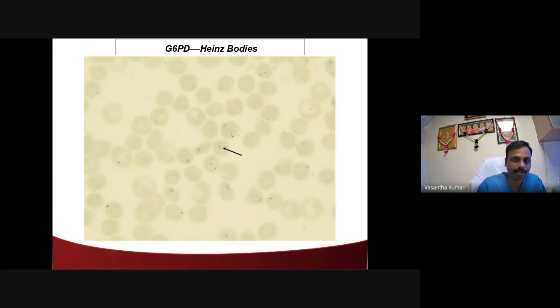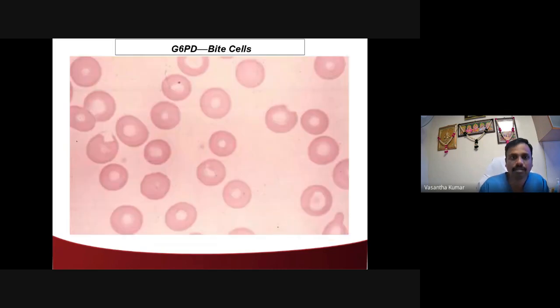In the peripheral smear of G6PD patients, you can appreciate a body called Heinz body. It is nothing but condensed and denatured hemoglobin. And these patients will also have bite cells. Bite cells are where the edges of the RBCs have serrations like a bite.